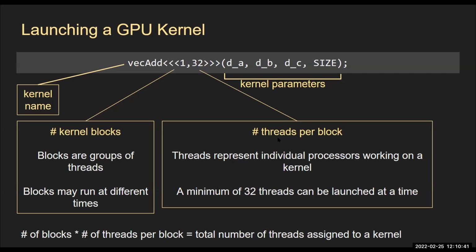And essentially what this is saying is, I want to run this many individual processors on this kernel. So if I have a 32 there, then it's saying I want to run this thing on 32 different processors. So this could handle adding values from arrays that are 32 elements long.